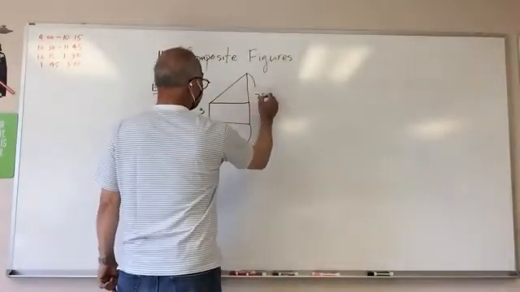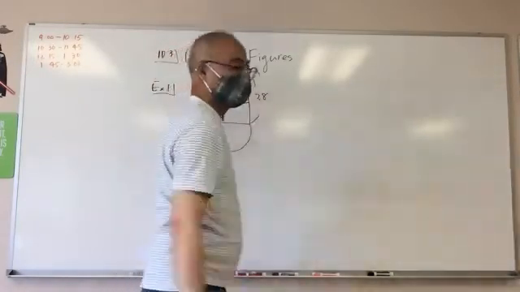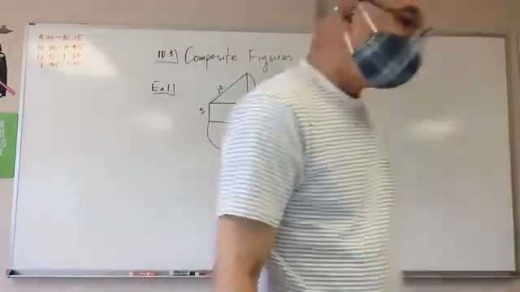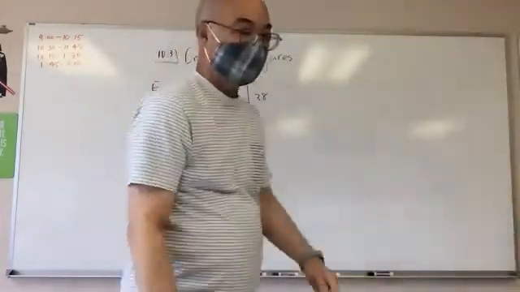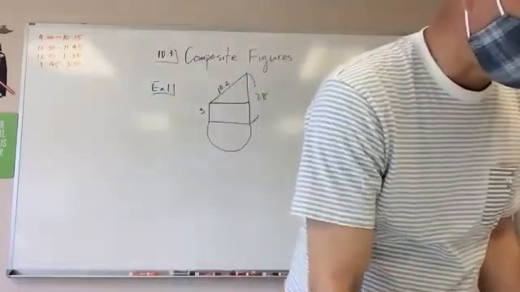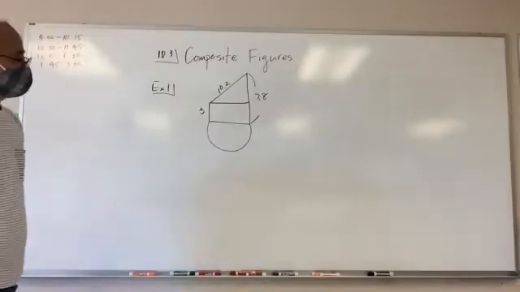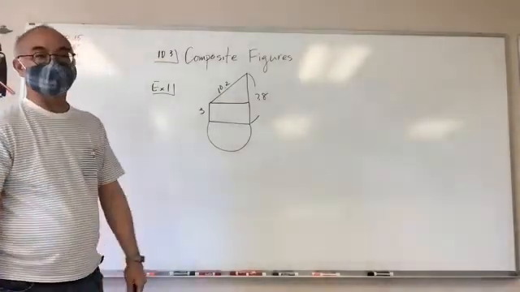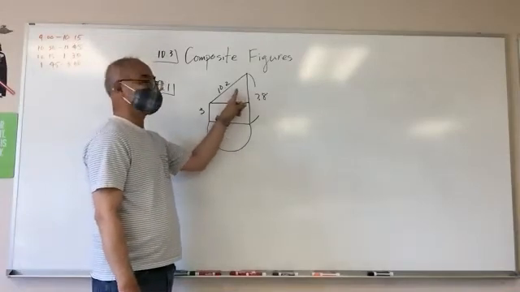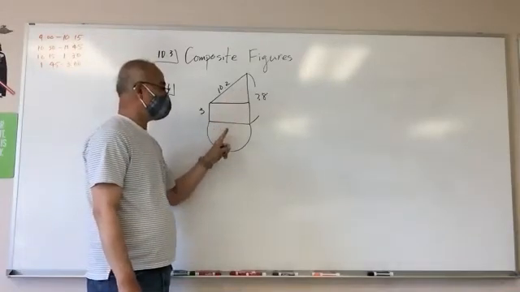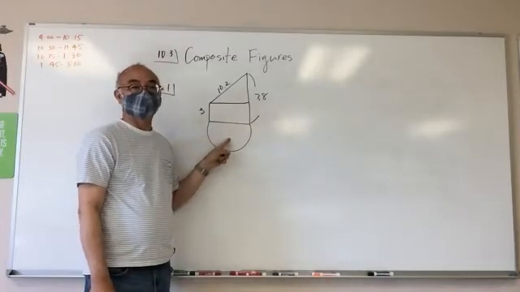This here is 7.8, and this here is 10.2. So obviously the easiest way would be this guy, this guy, and this guy. This is a triangle, a rectangle, a semicircle, right? We should be able to do that, right?